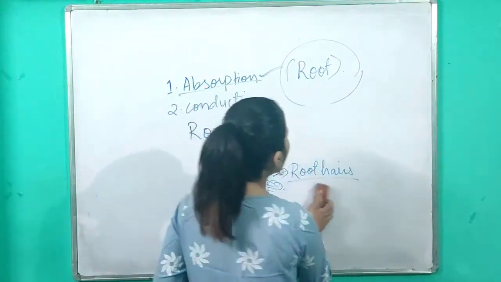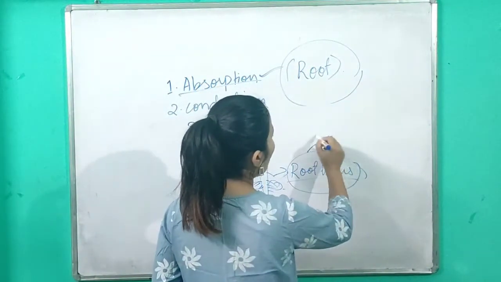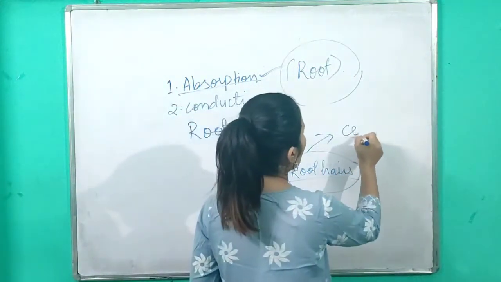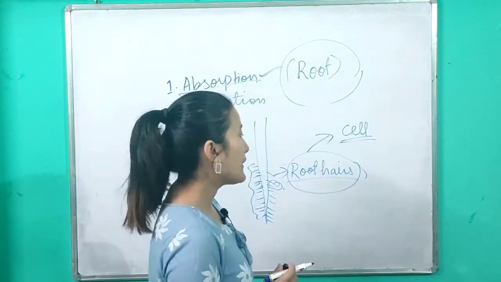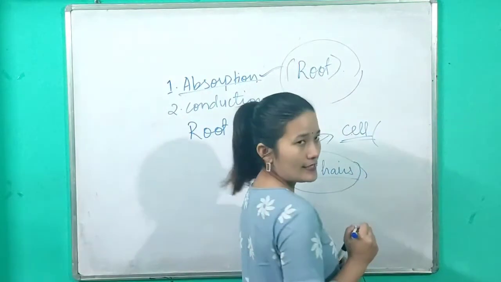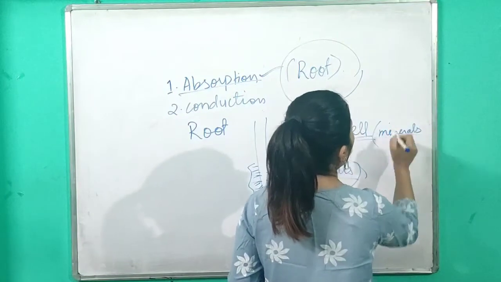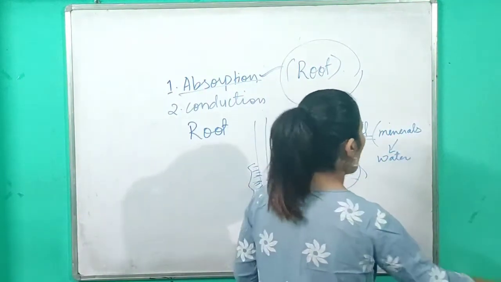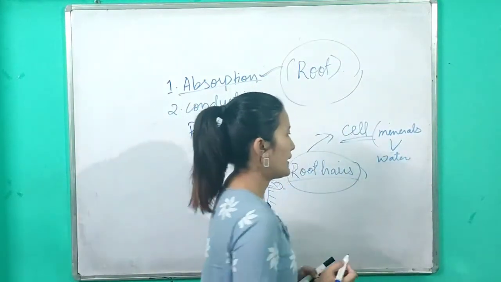Now if you look at the structure of the cells of a root hair, now we are going towards the microscopic view. The nature of the root hair cell is such that inside the root hair cell you have more minerals than water.